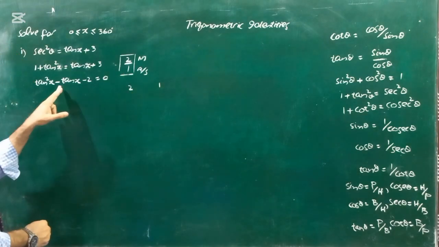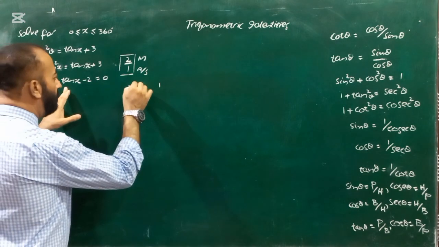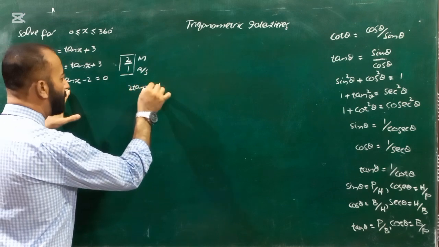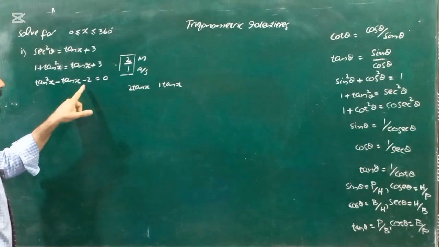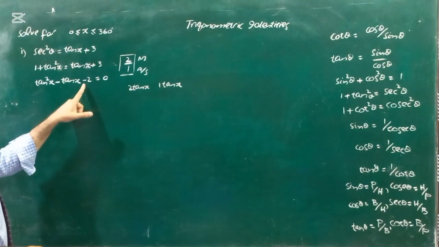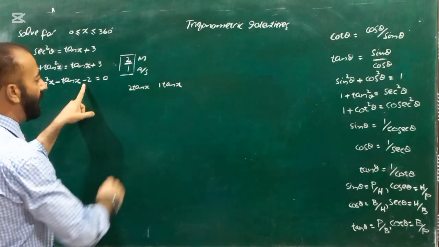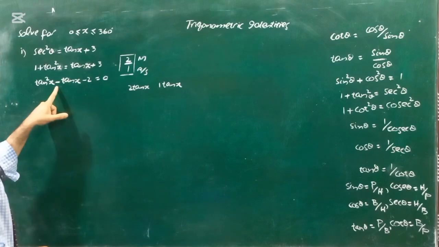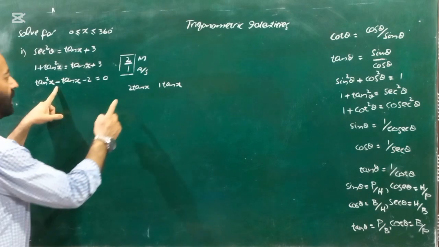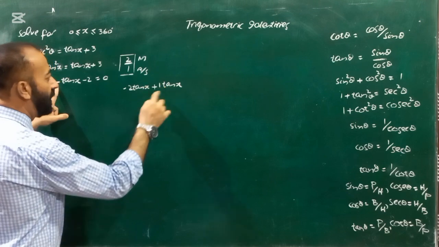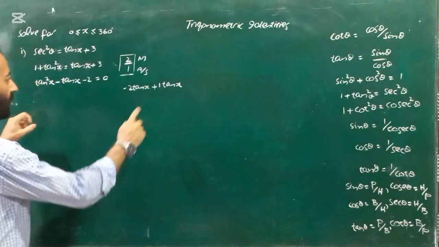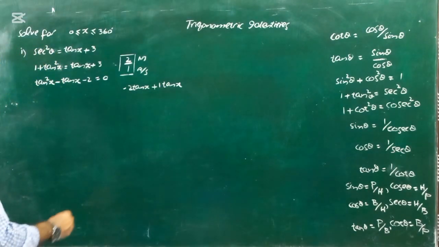The central variable, that is tan x, will be written with both of these numbers. This sign is telling us that these two values will have opposite signs, and this sign is telling us that the larger one will have minus, and definitely the opposite will go with the smaller one.